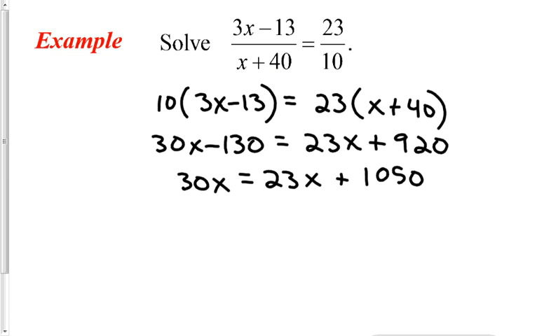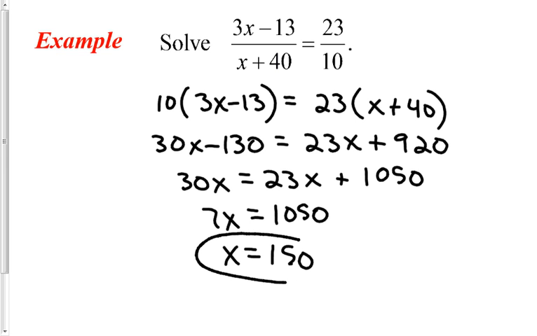Subtract 23x from both sides and get 7x equals 1050. Divide both sides by 7, x equals 150. And as we know, with all algebra, when you solve an equation, you can take the answer, plug it back in to make sure it gives you a true statement, right?